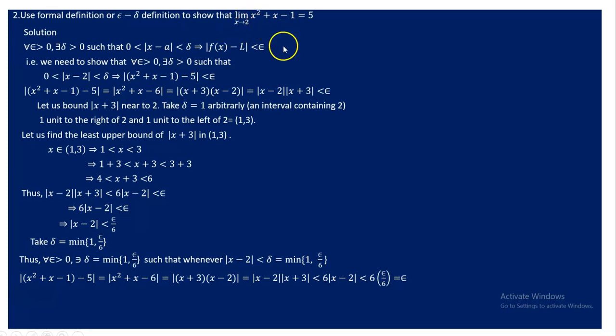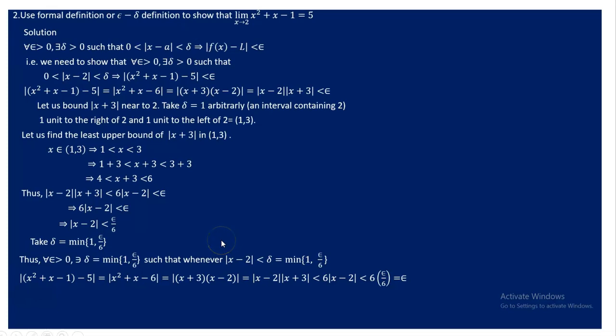If that is so, it's expected that the difference is less than 1. So that's why we take epsilon over 6, and this makes epsilon. So whenever the distance between x and 2 comes to be less than epsilon over 6, the difference comes to be less than the value epsilon you took at the beginning.